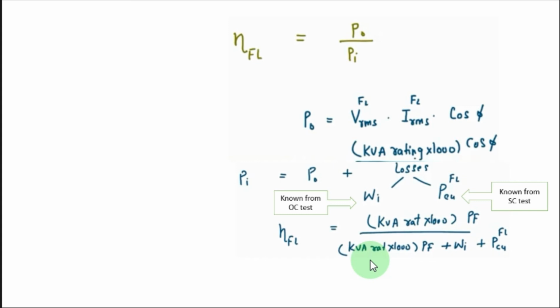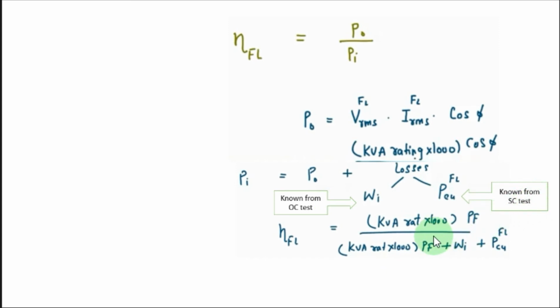Sorry, here VRMS IRMS cos phi is actually the kVA rating into cos phi. And then the input power is output power plus losses. The losses will be mainly iron loss and copper loss. Iron loss you can find from the open circuit test, copper loss you can find from the short circuit test.